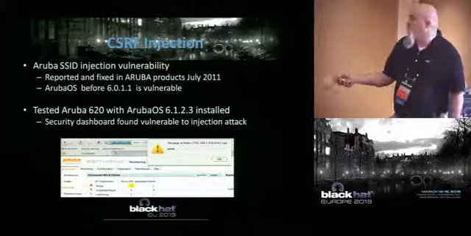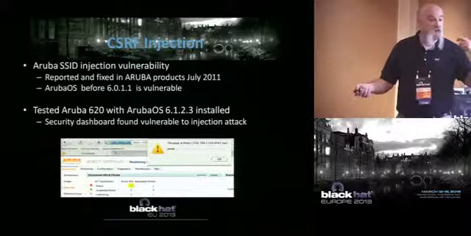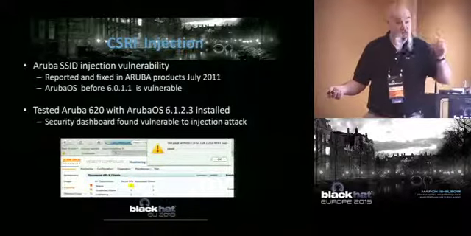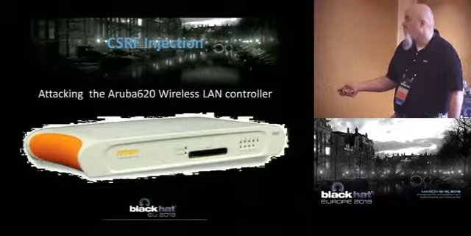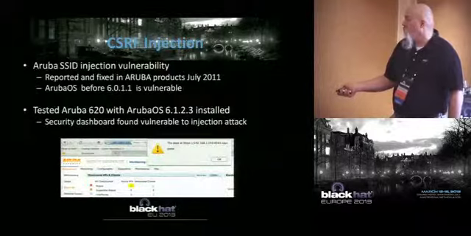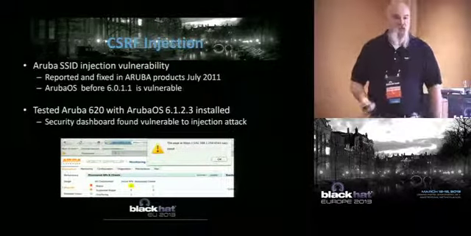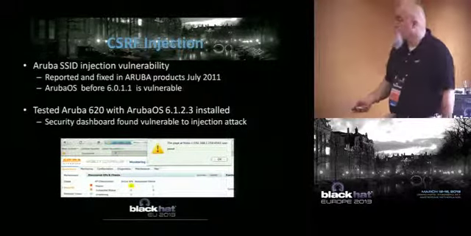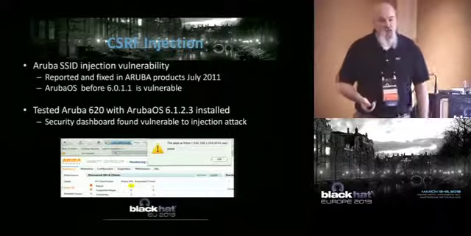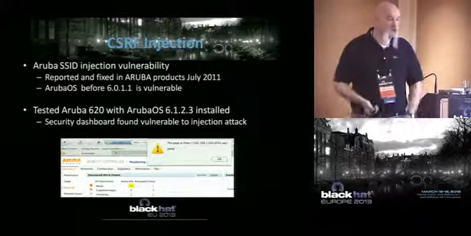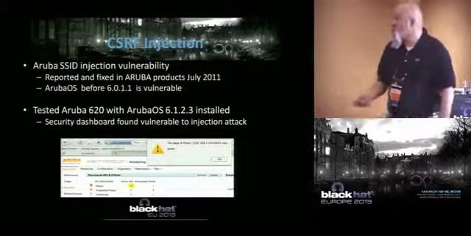Well, it turns out I did the standard alert box script tag thing in an SSID, and lo and behold, it actually executed an actual pop-up box telling me the device is vulnerable. And I was running version 6.1.2.3, a number of versions ahead of what was supposedly patched.